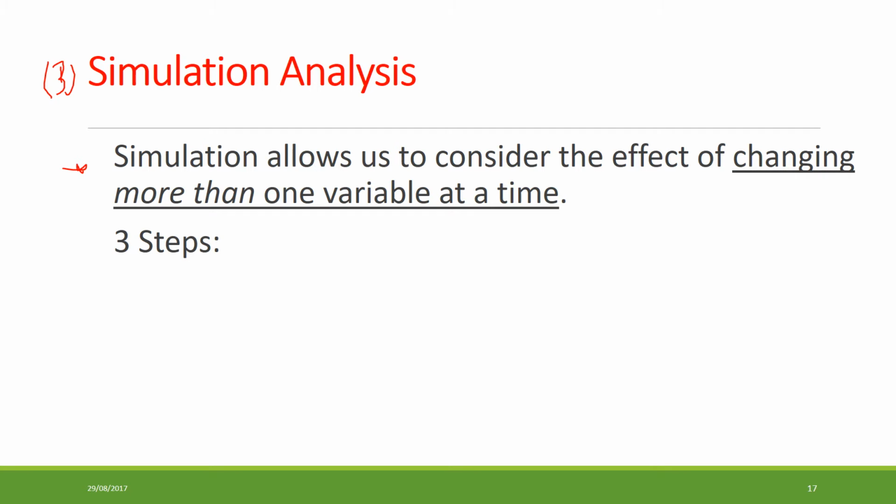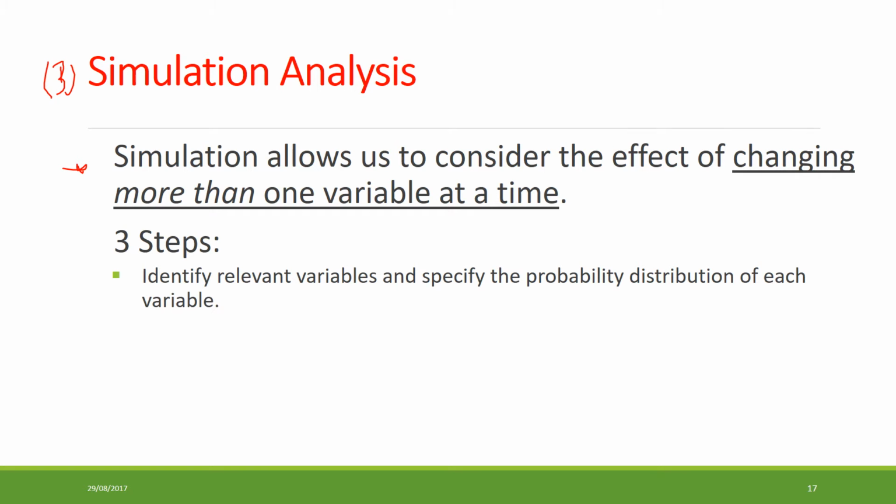So simulation analysis involves 3 steps. Number 1, we identify the relevant variables and we specify the probability distribution of each of the variables, right?